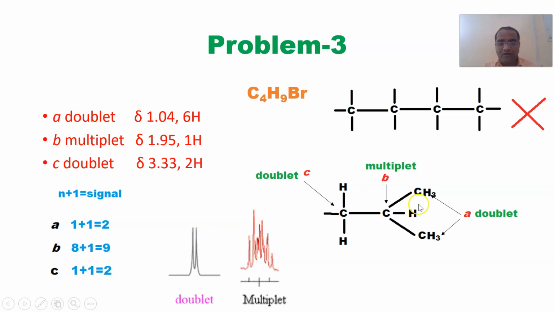So 1 comes from this carbon. So here it is 1. And now see the multiplet. The number of hydrogen atoms is 8, so I have written 8 over here, and it is giving a multiplet type of signal. So there are multiple hydrogen atoms on the adjacent carbon. Now these 3 signals are accurate.